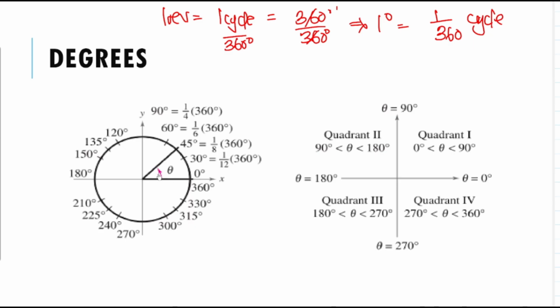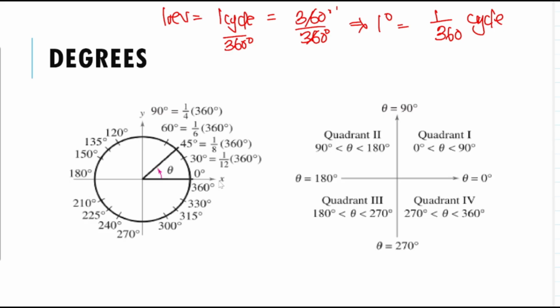Remember, angles in degrees are normally measured counterclockwise. The starting point is always 0 degrees, which is the positive x-axis, and then you rotate counterclockwise towards the y-axis. So it starts from 0 degrees up to 45, up to 90, then up to 180, up to 270, and 360. That is the four divisions that we have in a circle, also known as four quadrants.